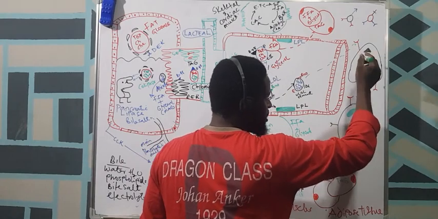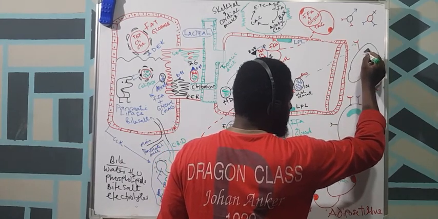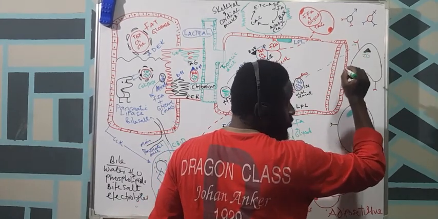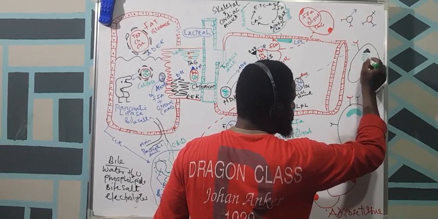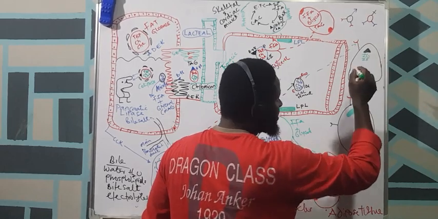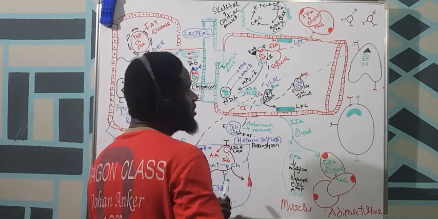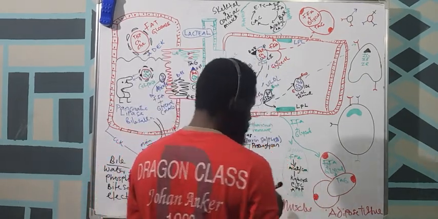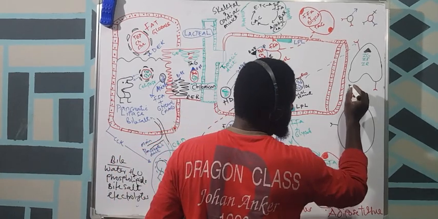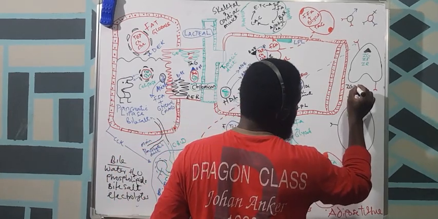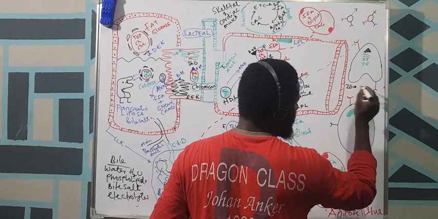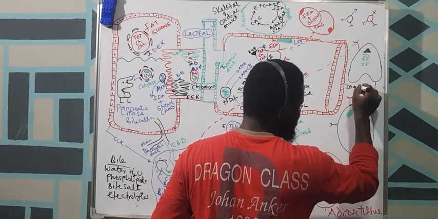So you know in the adrenal cortex you have zona glomerulosa, zona fasciculata, and zona reticularis. The zona glomerulosa forms a steroid hormone called aldosterone.